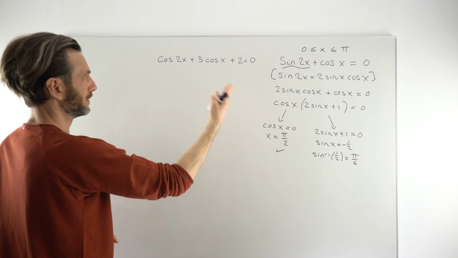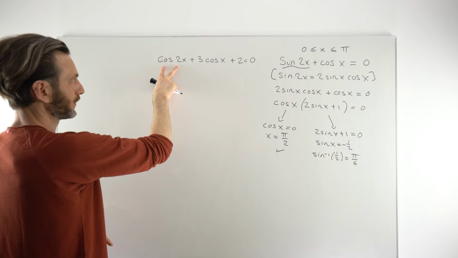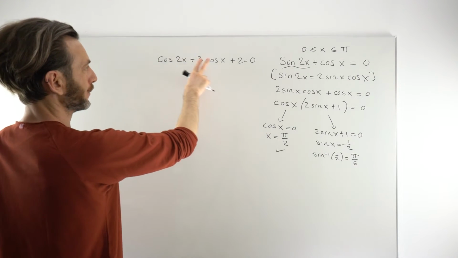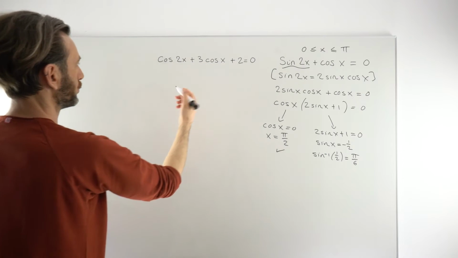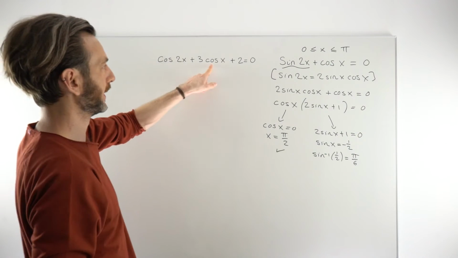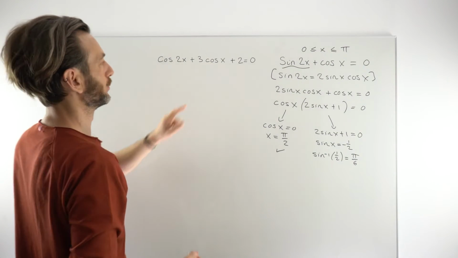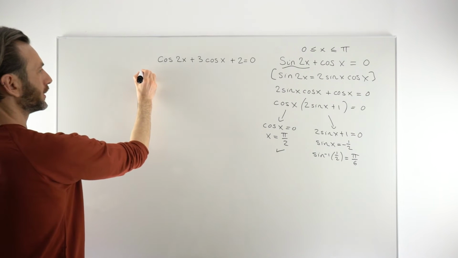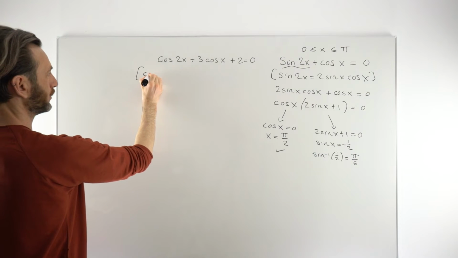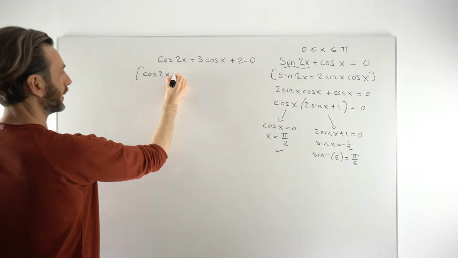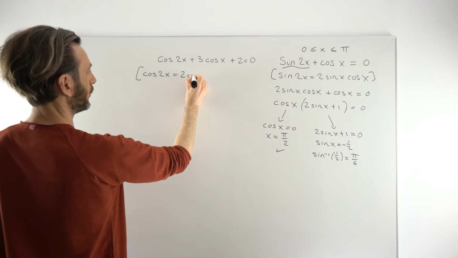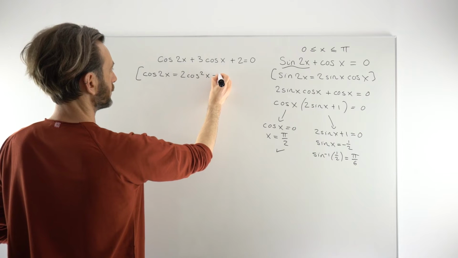Basically what you do is you want to match up the version of the cosine double angle formula which matches up with this. So there's one of the versions which only has a cosine in it, so that's the one you want to go for in this case. So we're going to use the double angle formula which says that cos 2x is 2 cos squared x minus 1.